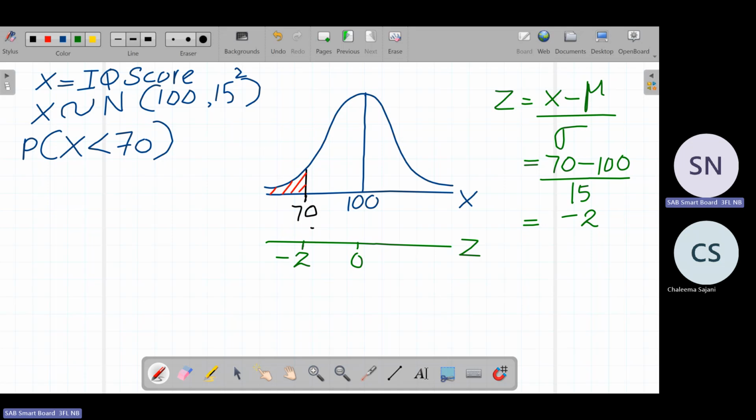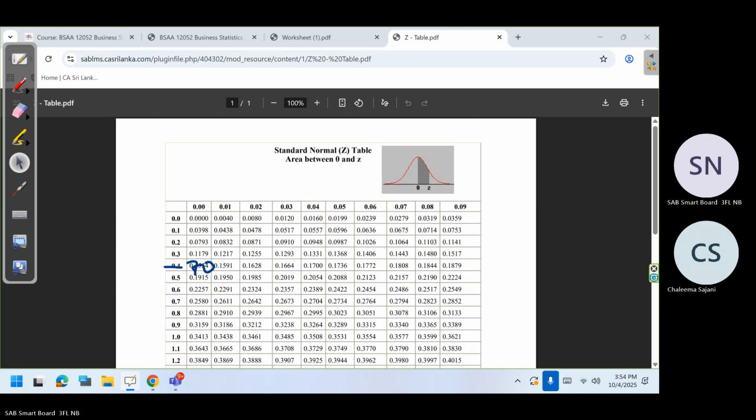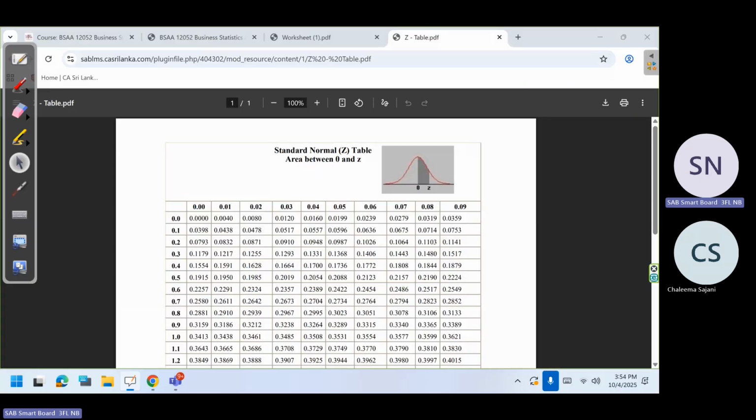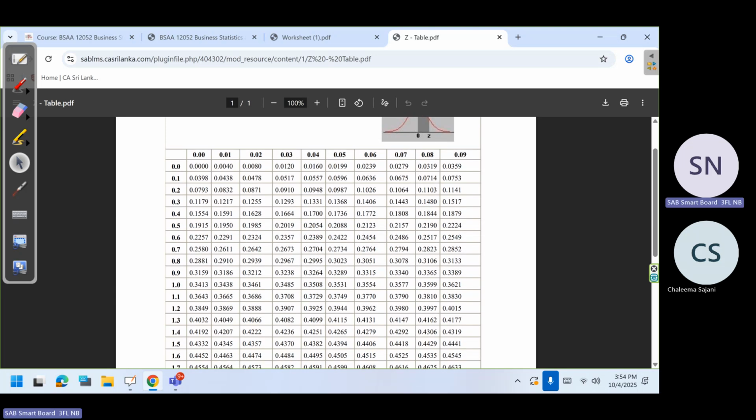Okay, then take your Z table. Then the Z table. The first row and the first column, both values are there.